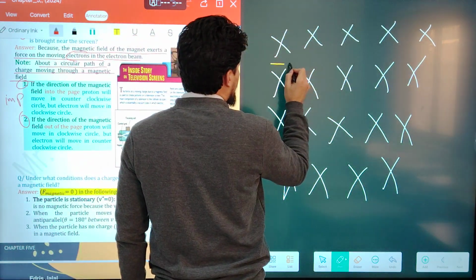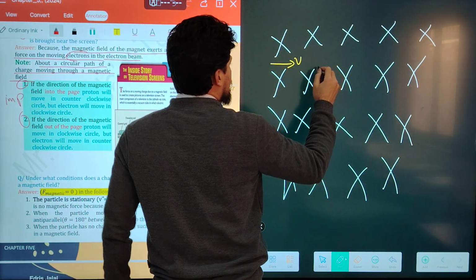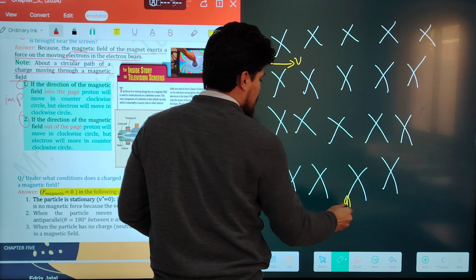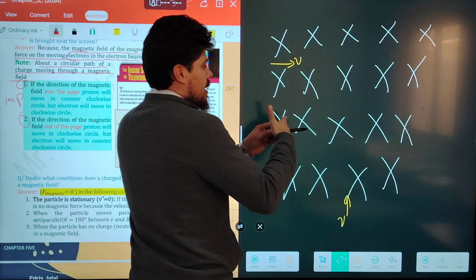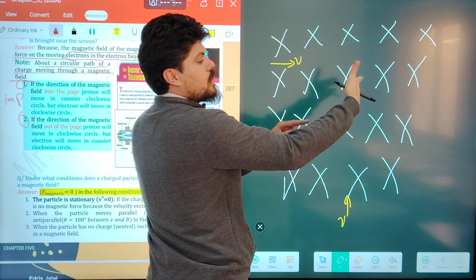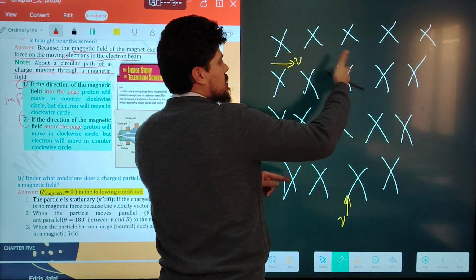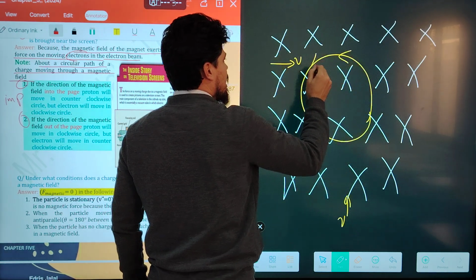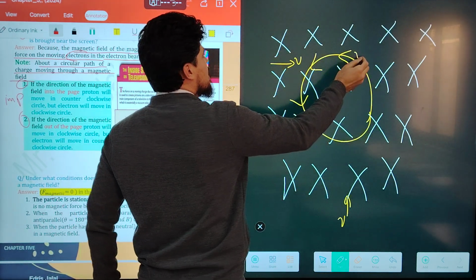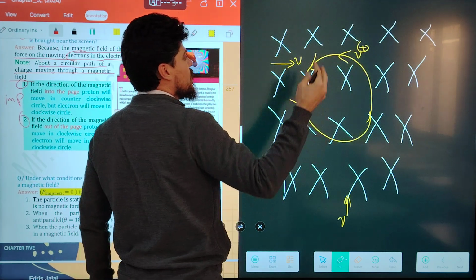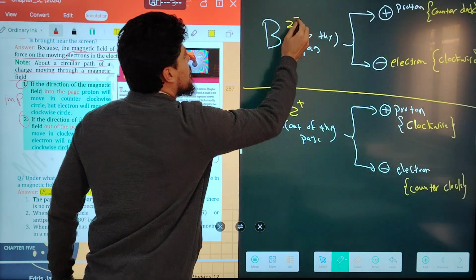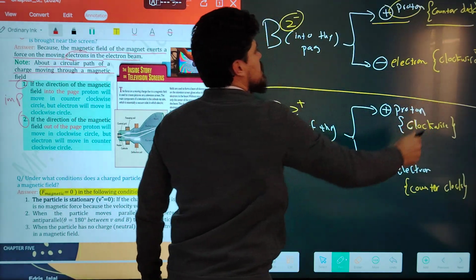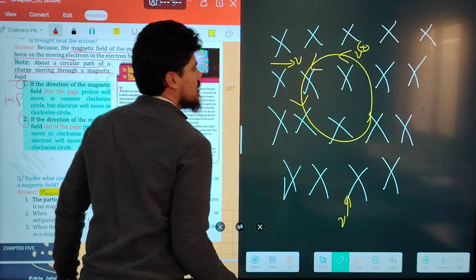Because the field is into the page, for example, if the V is entered in this direction, using the palm rule, out of palm is positive. Positive becomes counterclockwise. When does the positive charge become counterclockwise? When the field is into the page. Positive, proton, counterclockwise, yes.